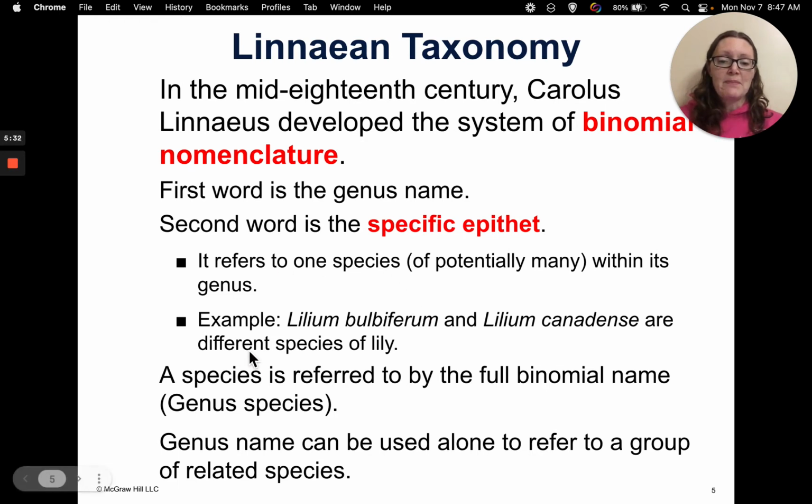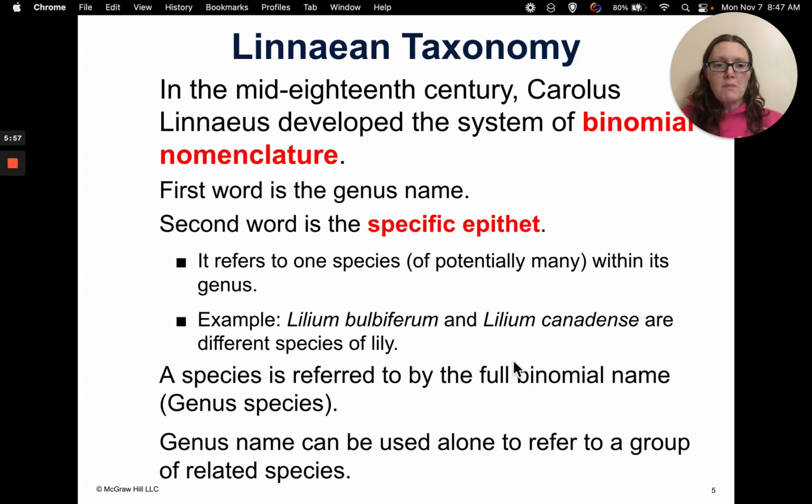So when you're typing it out, the entire name is italicized, but if you're writing it out, the entire thing is underlined.